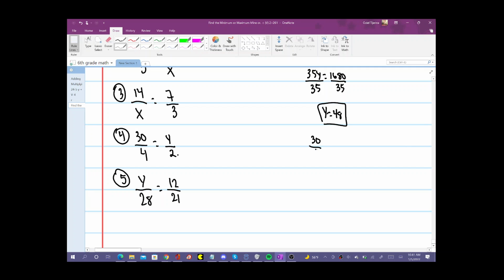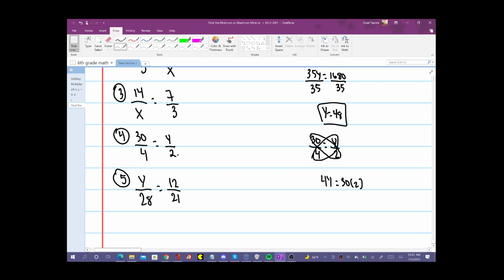So 30 over 4 equals y over 2. So 30 times 2, that's 60, equals 4y. Or we can say 4y equals 30 times 2.